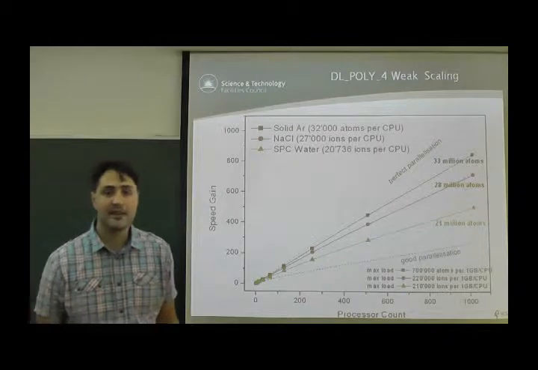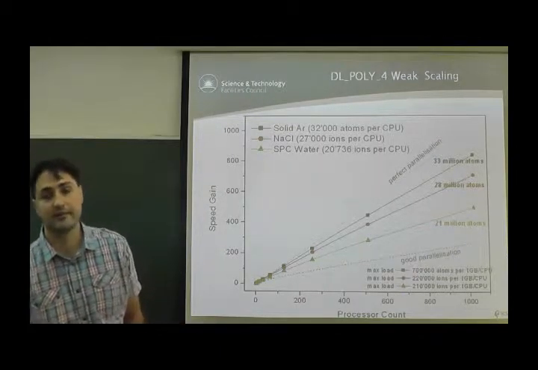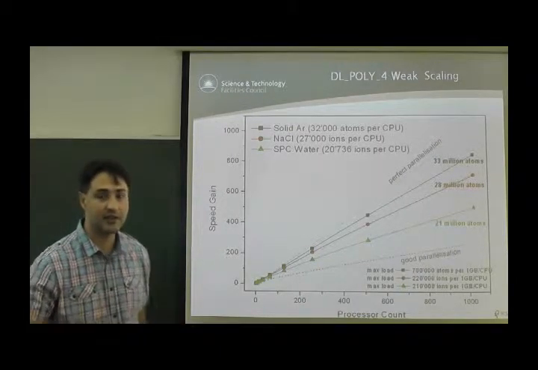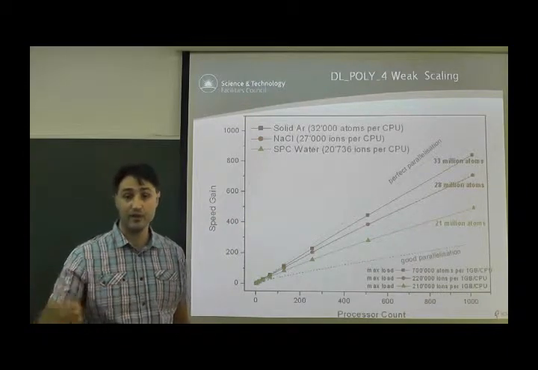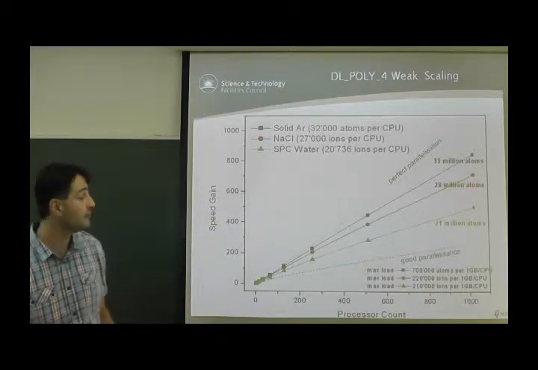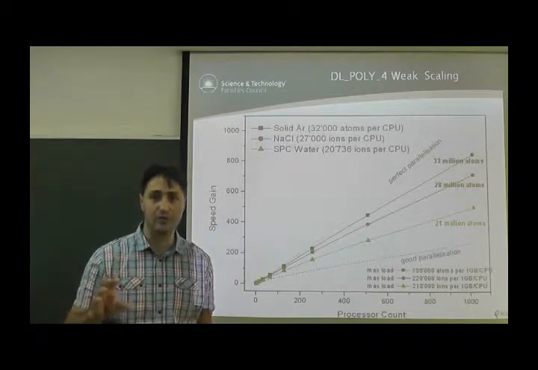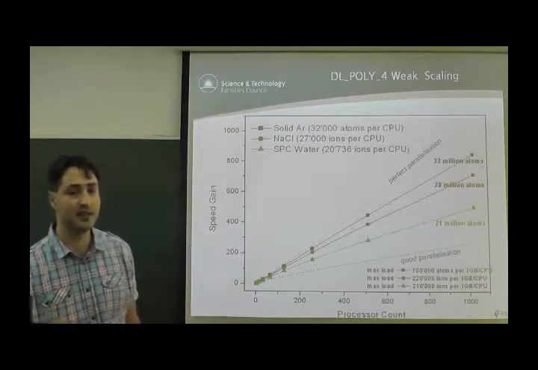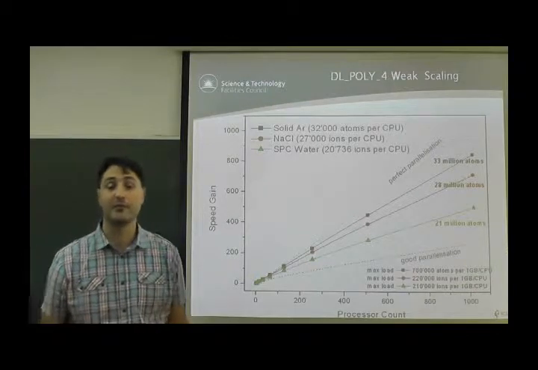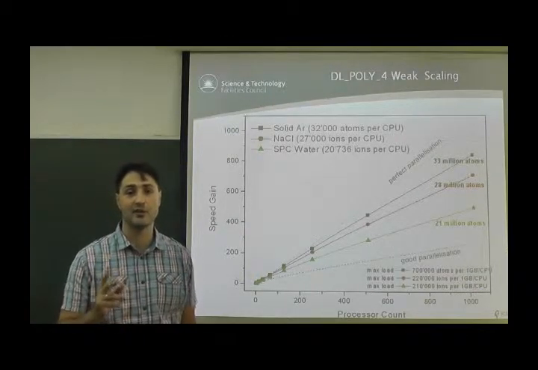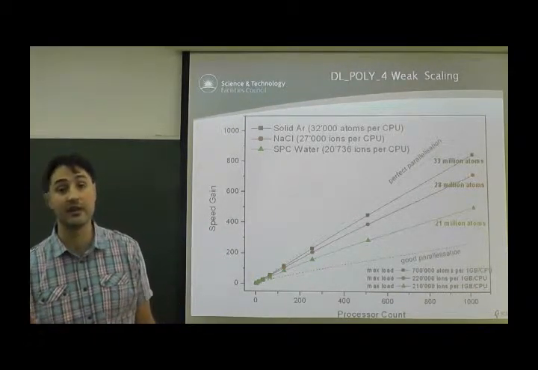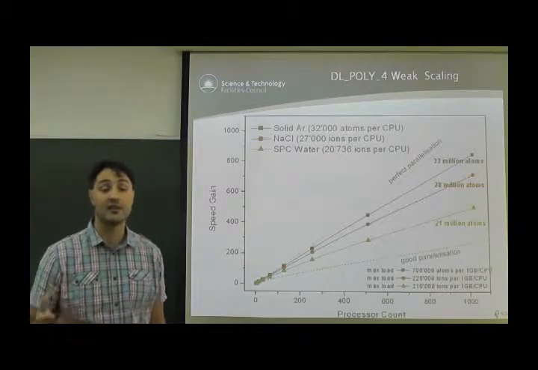If we talk about weak scaling, which means that instead of having the same system size on different processor counts when we execute in parallel, we have the same system load per processor, which means that if we have, for example, 1,000 particles on one processor, we will have 2,000 on two processors, 3,000 on three processors, and so on.